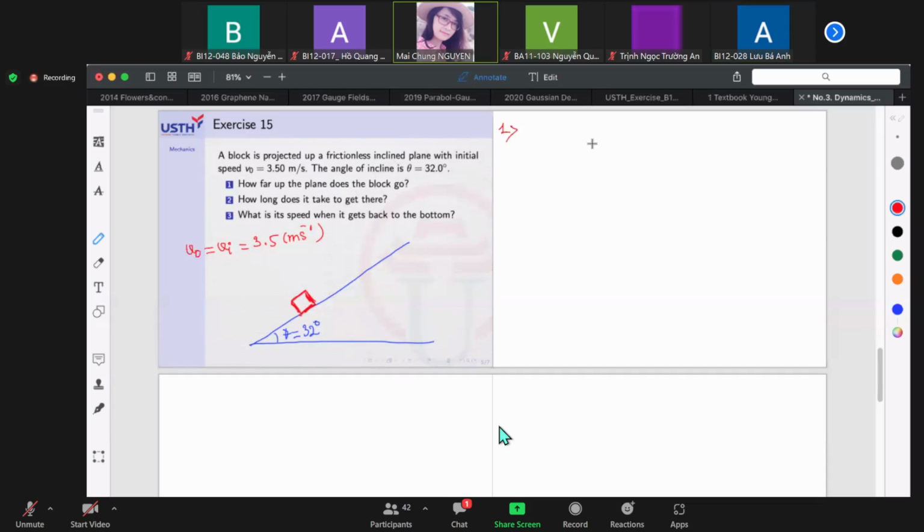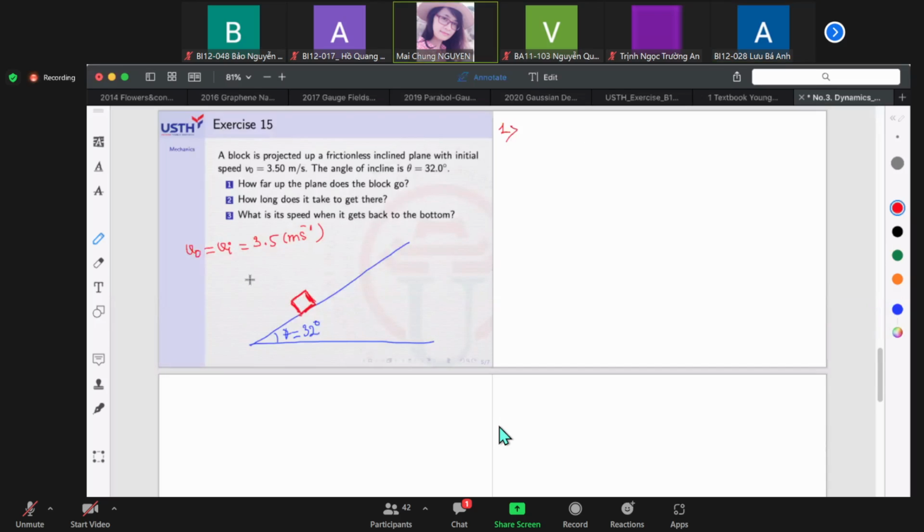How to compute the distance traveled? We consider the object here.